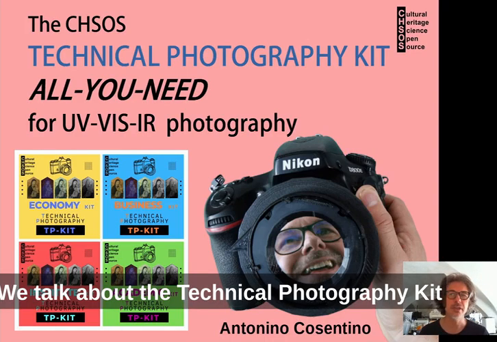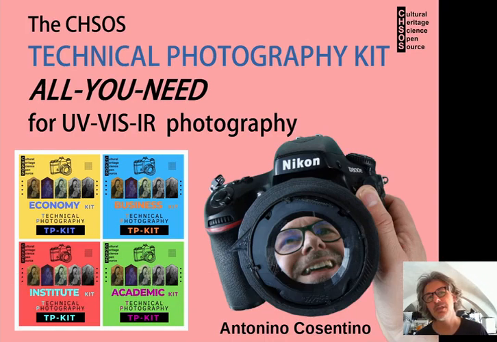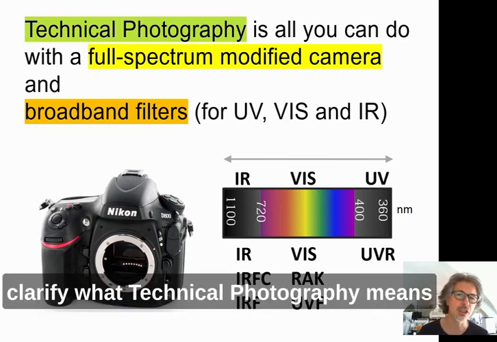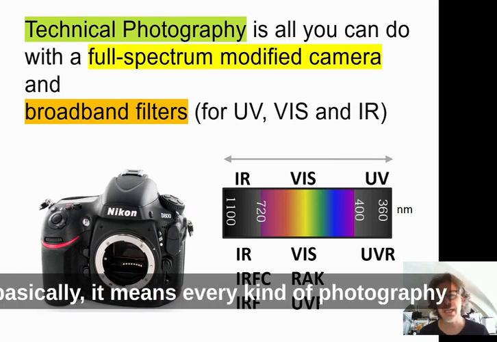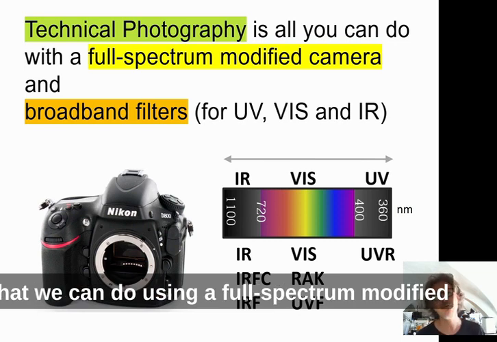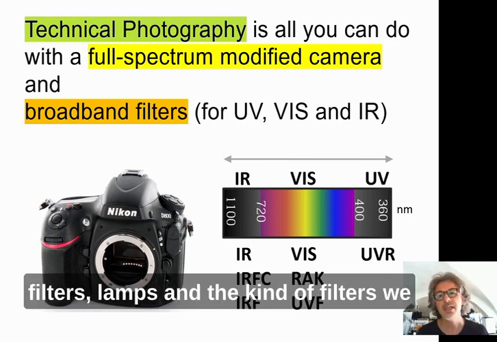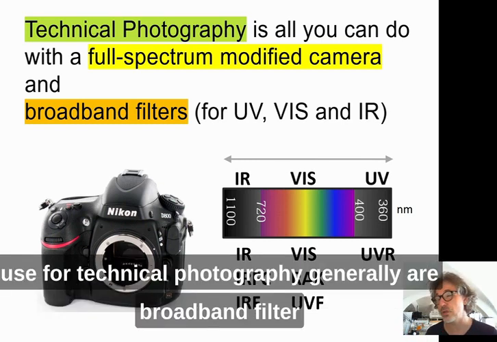We talk about the technical photography kit. First of all, I want to clarify what technical photography means. Basically, it means every kind of photography that we can do using a full spectrum modified camera and then using a series of filters, lamps, and the kind of filter we use for technical photography generally are broadband filters.